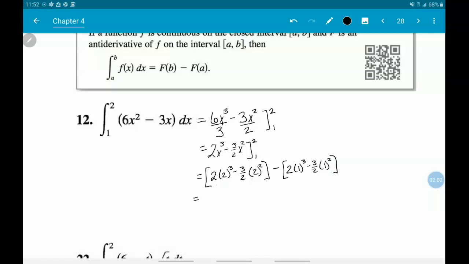So now we want to simplify all this. So 2 times 2 cubed is 16. And then if we simplify minus 3/2 times 2 squared, that's going to be a 6.